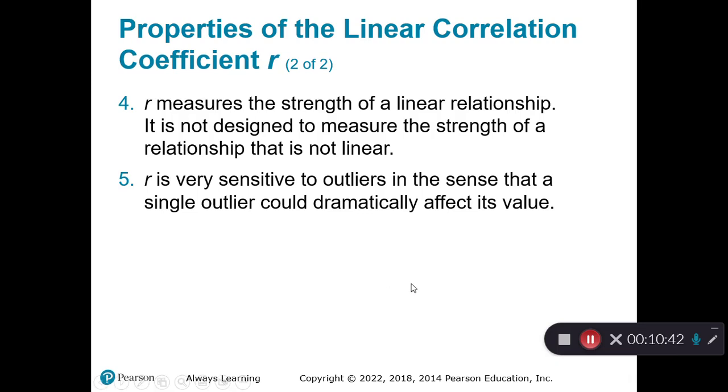And finally, r is very, very sensitive to outliers. It is not resistant, and therefore any presence of outliers, which are those extremely low or extremely high values, could have a great impact on the result of that calculation of r.